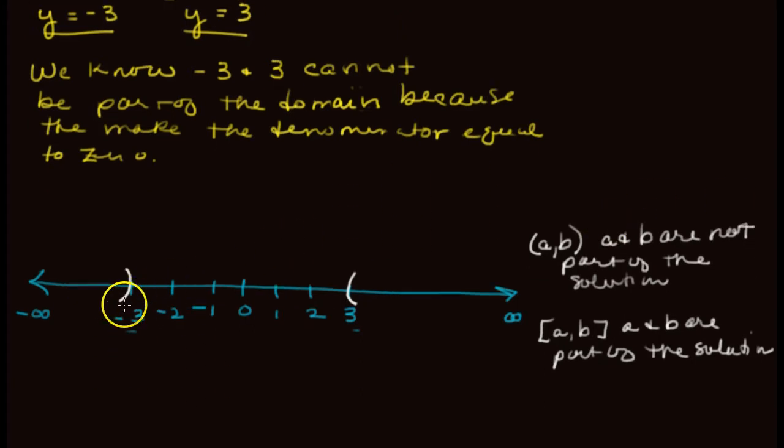Well, we can't use -3, but we can use all of the numbers that are less than -3. So one part of our domain is going to be from -infinity to -3. The other part of our domain is going to be between -3 and +3.